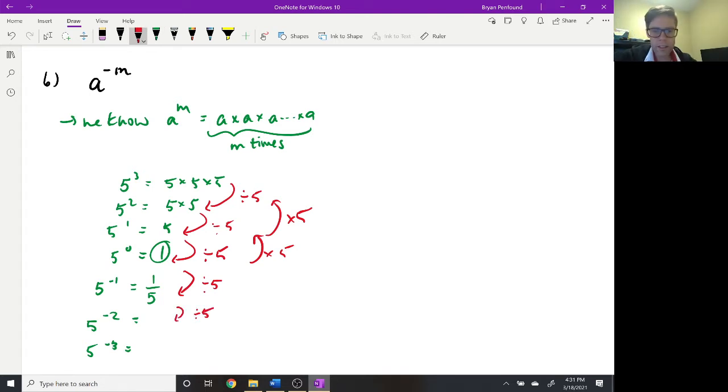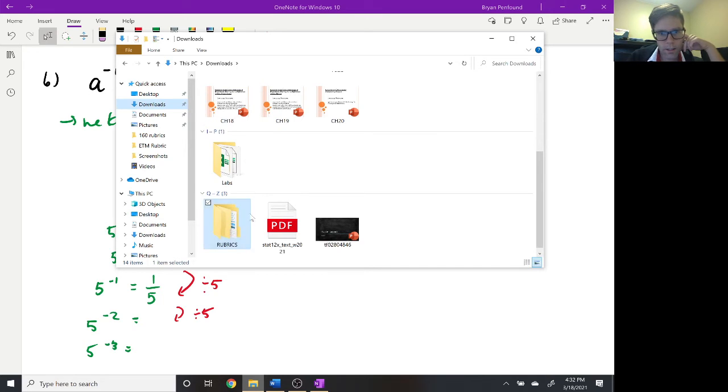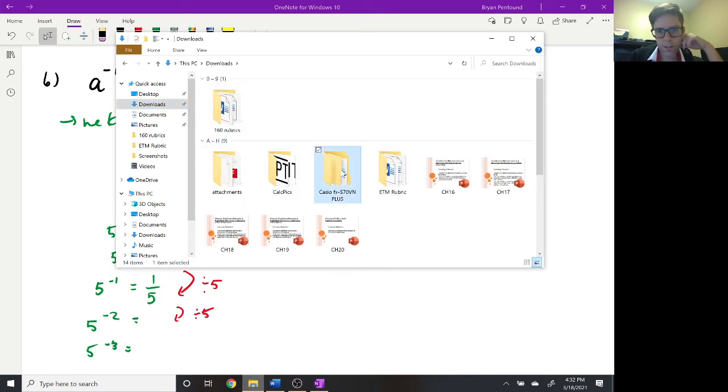If you take your calculator and do 1/5 divided by 5, I actually have my calculator right here.